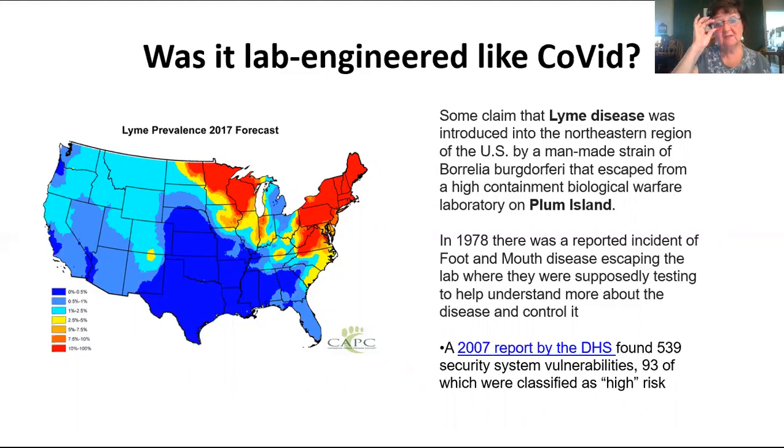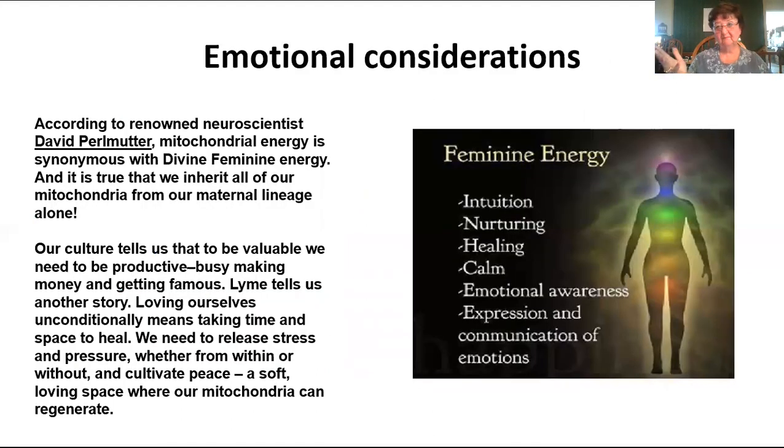So this was not an up-to-par lab, and it has raised some doubt on whether or not the ticks were genetically modified and somehow escaped from there. And of course, they're not going to broadcast it because they don't want to be sued. But it is an interesting thing for some people to investigate.